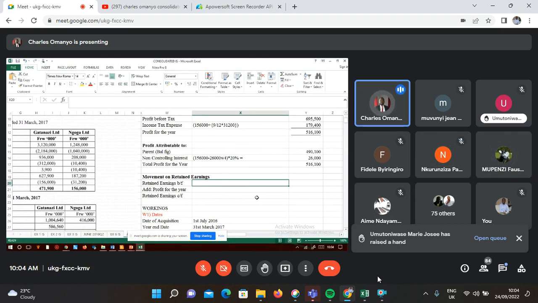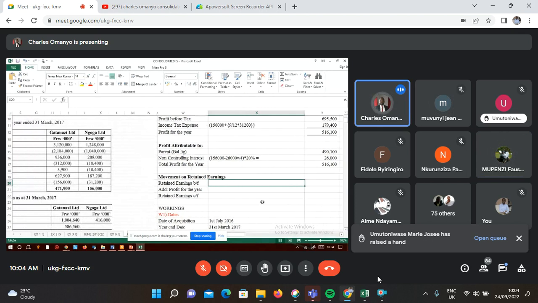Why do we always multiply by 9 over 12? If there is a transaction that happened in the whole year, not post, in the whole year. Have I answered you? Yes. Okay, thank you. Excuse me, sir. I want you to be clear. You say that if there is unrealized profit, it should always be limited on the subsidiary. No, I've not said on the subsidiary. I've said on non-controlling interest. Yes, on non-controlling interest. That is true. Okay.